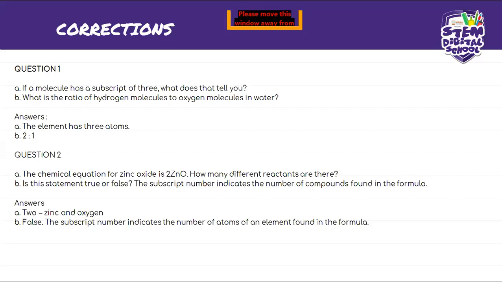We get the coefficient from the balanced equation, so when we look at the balanced equation, we can also get a mole ratio. For water, you saw that we got 2 hydrogen gas, 1 oxygen gas, and 2 water molecules. So looking at the equation, we can say the mole ratio is 2 is to 1 is to 2. Very good.